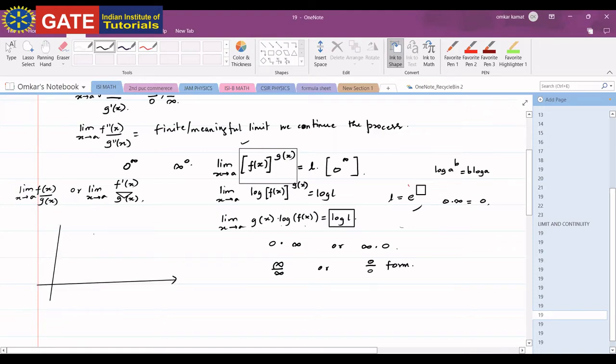Suppose this is your curve f of x, and suppose this is your curve g of x. L'Hopital rule tells us that individually their limit exists, finitely or infinitely, but they have a meaningful limit.